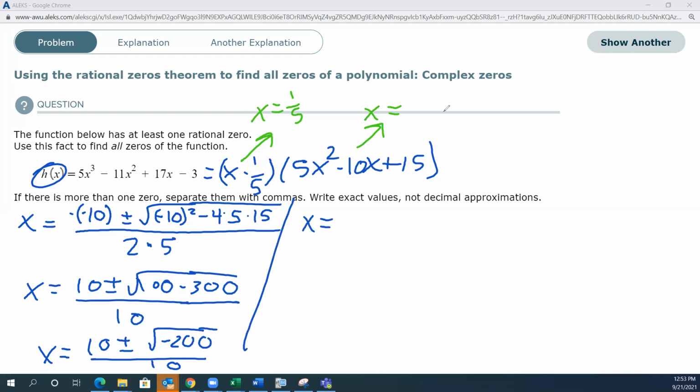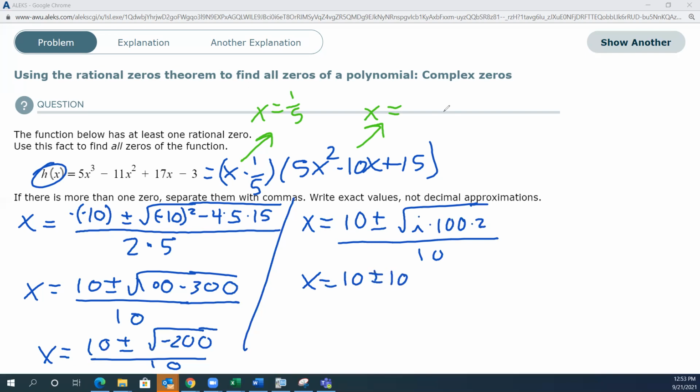Well, I could write it as, let's see, that negative sign becomes an i. I can do a 100 and a 2 because I know the square root of 100. Okay, so square root of 100 is 10. Square root of negative, oh, kind of jumped the gun there. I think we all knew what I meant, but that was supposed to be a negative 1. Okay, so square root of negative 1 is i.